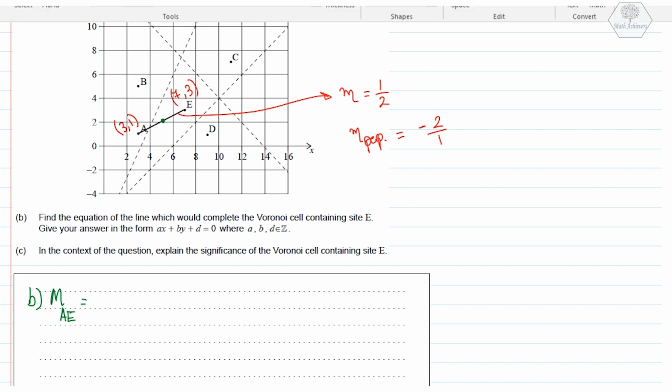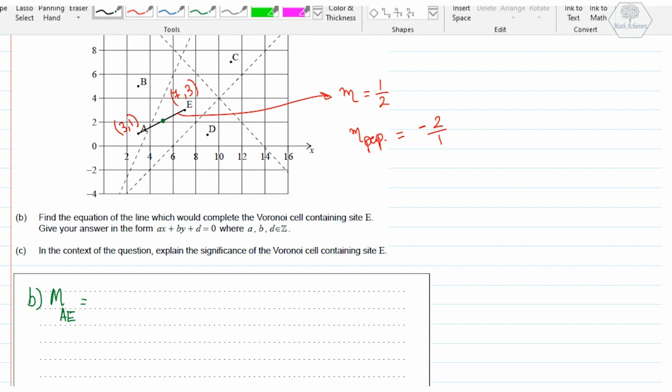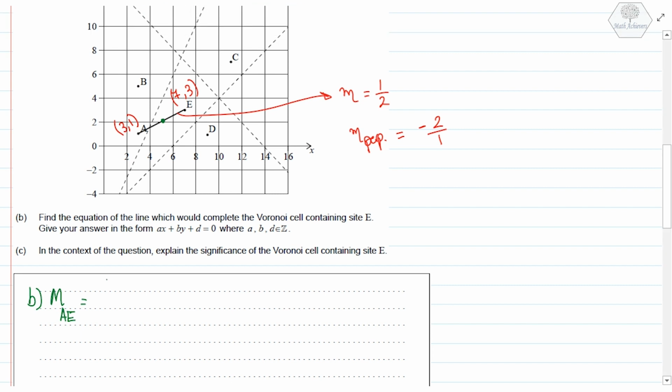So the midpoint of AE is equal to ((x1 + x2)/2, (y1 + y2)/2), which is ((3 + 7)/2, (1 + 3)/2). So now the coordinates of the midpoint are (10/2, 4/2), which is (5, 2).